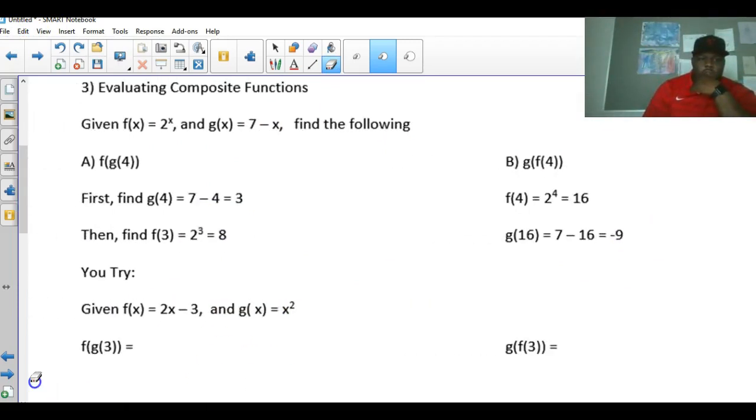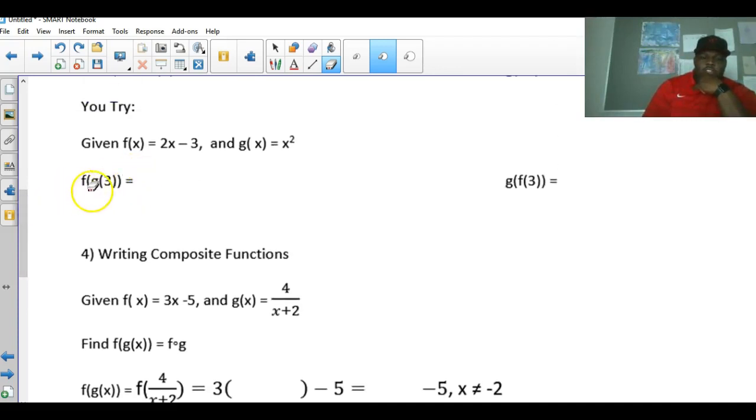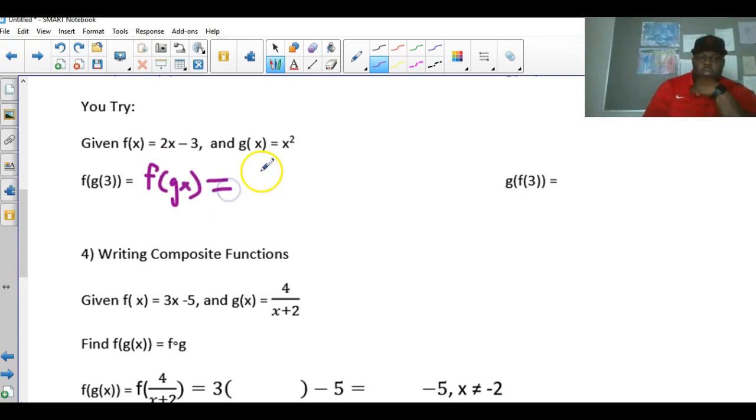Let's work on a "you try." Here we have f of g of 3. Well, again, if I take f of g of x, that means g goes into f. So put the g in place of this x.